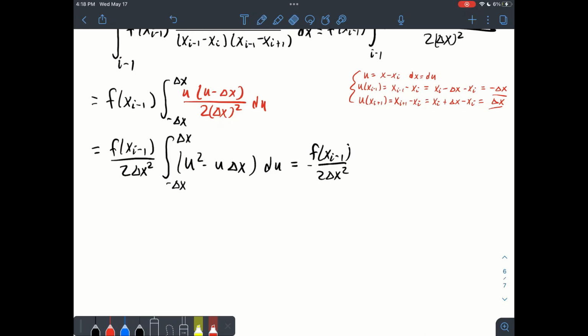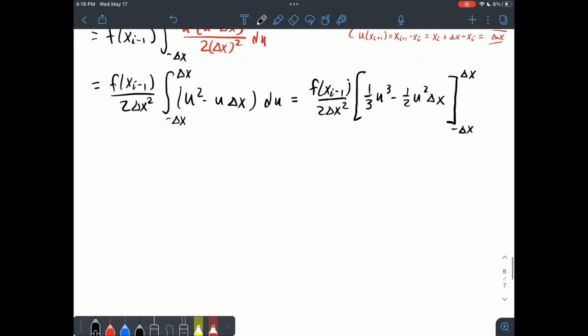That's not a minus sign. And then we have 1/3 u cubed minus 1/2 u squared times delta x, evaluated from negative delta x to positive delta x. And so we'll plug in.